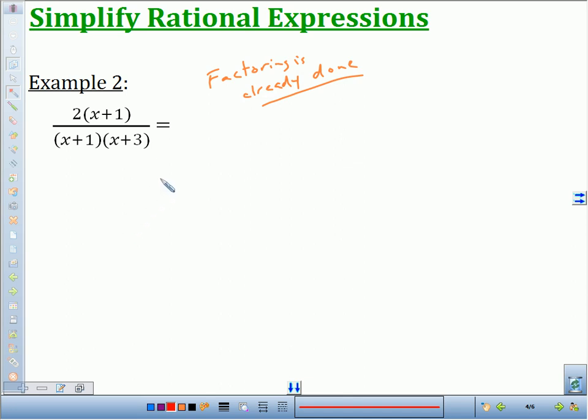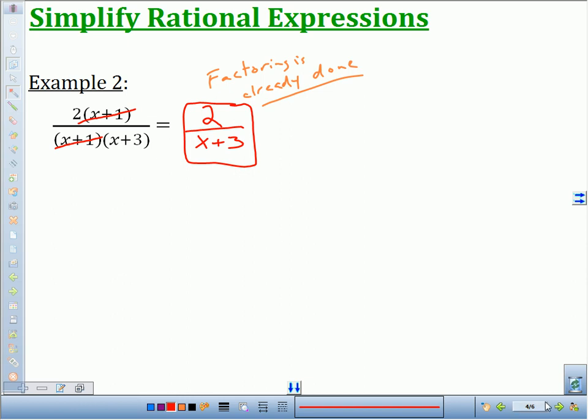Of course, in order to cancel out, terms must be on both top and bottom. Here we have x minus 1 on top and x minus 1 on bottom. Those two will cancel out. When they cancel out, we're left with 2 on top and x plus 3 on bottom. And that's our answer. Cancel out the two terms that are the same, and everything else sticks around.